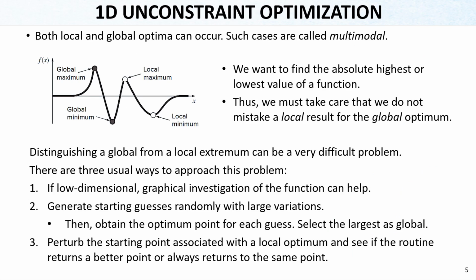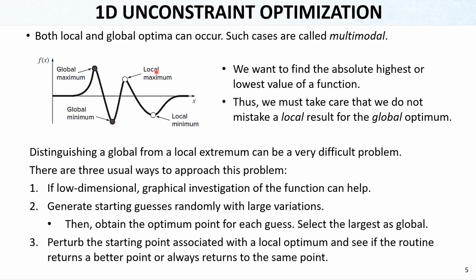Firstly, we will be talking about one-dimensional unconstrained optimization, without any constraints. In the 1D scenario, actually in other scenarios as well, but in 1D we can show it easier, both local and global optima can occur, and such cases are called multimodal. So if we have maximums and also minimums, both local and global, then we will have a multimodal function, let's say.